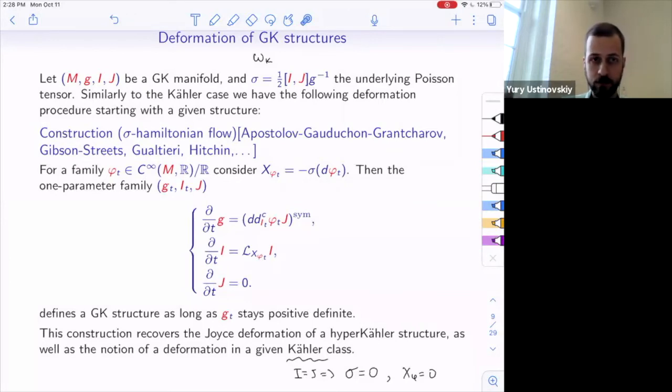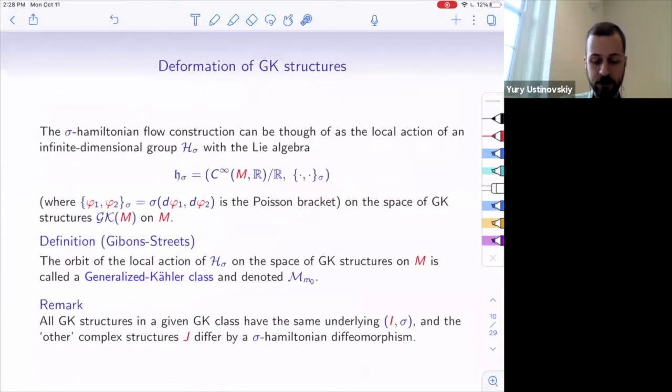All right, once we have a notion of deformation of generalized Kähler structure, we can make sense of a generalized Kähler class.